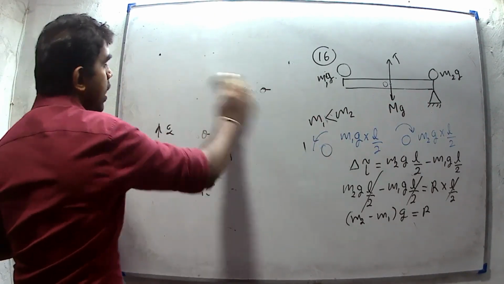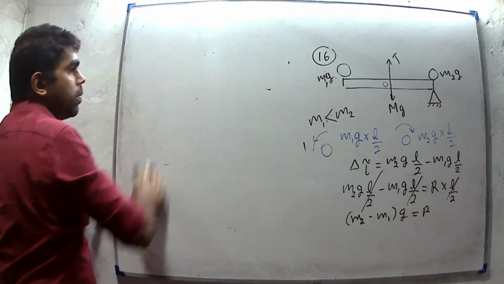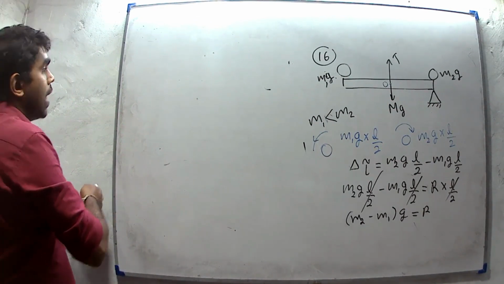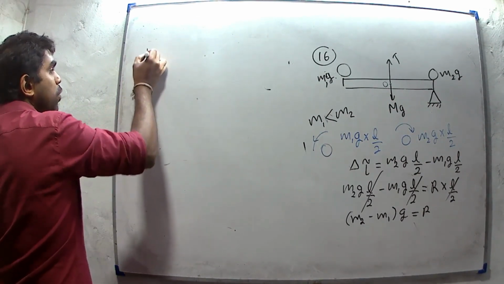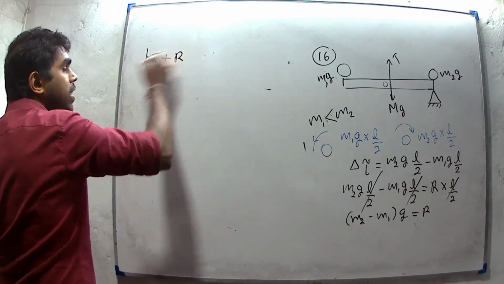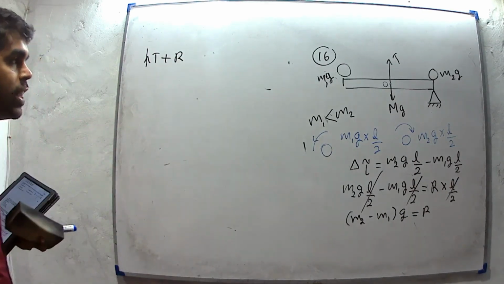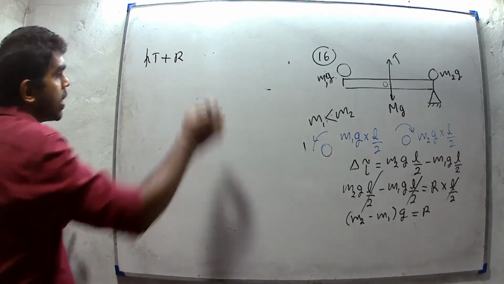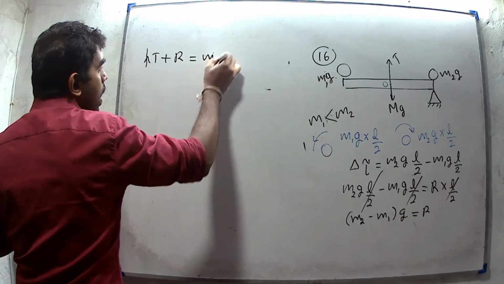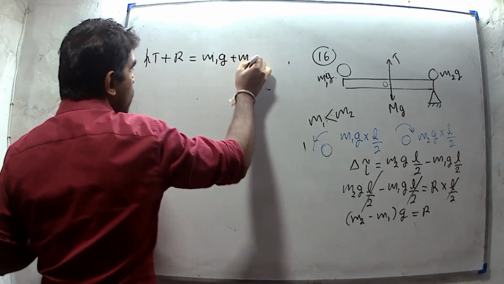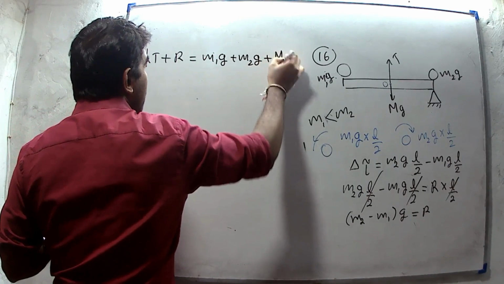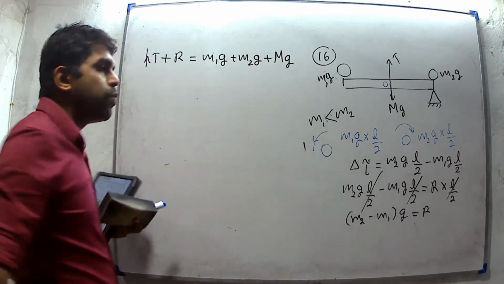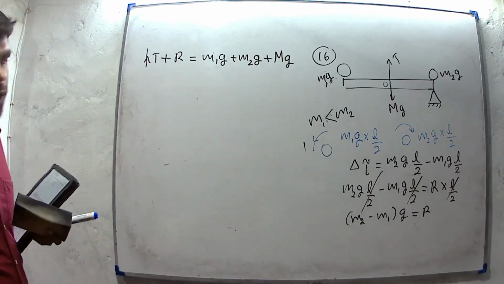Then we can consider vertical equilibrium. There is a tension in the upward direction. We have to find the tension and reaction in the upward direction. Tension plus reaction in the upward direction should be equal to M1G plus M2G plus capital MG. Capital MG means the weight of the rod.